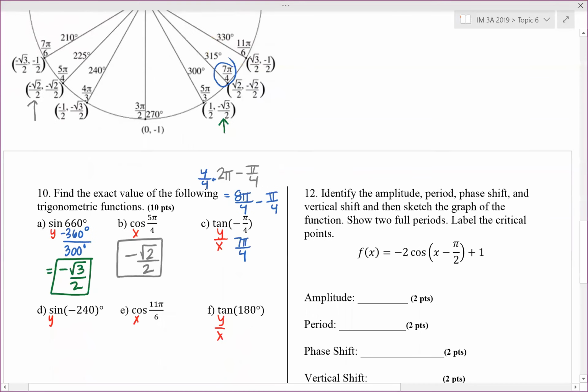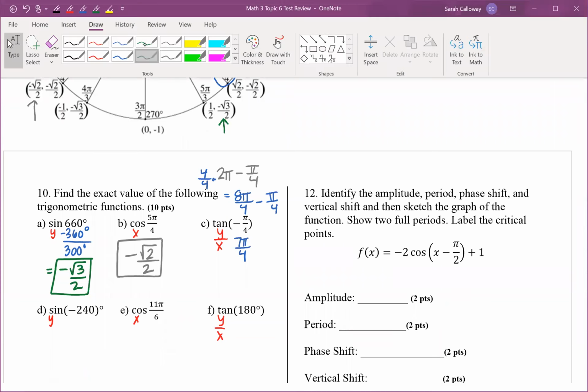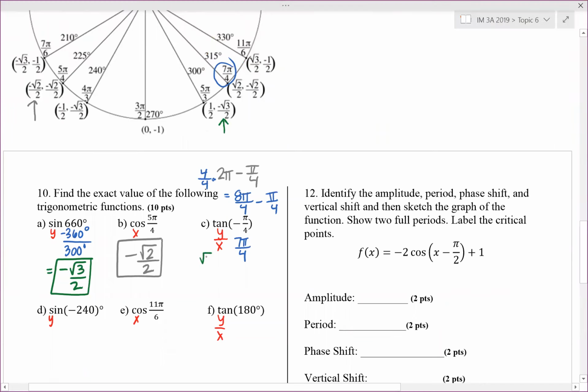So either way, y is negative radical 2/2 and x is positive radical 2/2. So that means that for this one, I'm doing negative radical 2/2 over positive radical 2/2. And since that's the same value and one's negative, one's positive, the answer for this is -1.